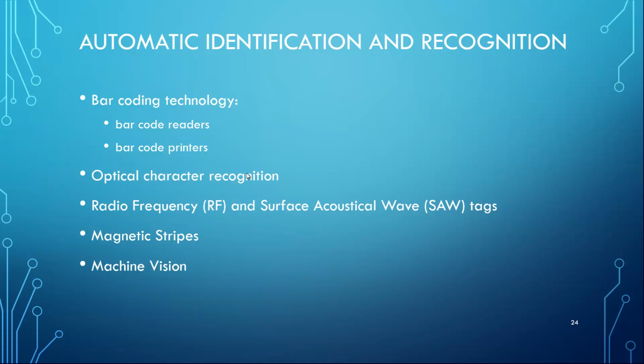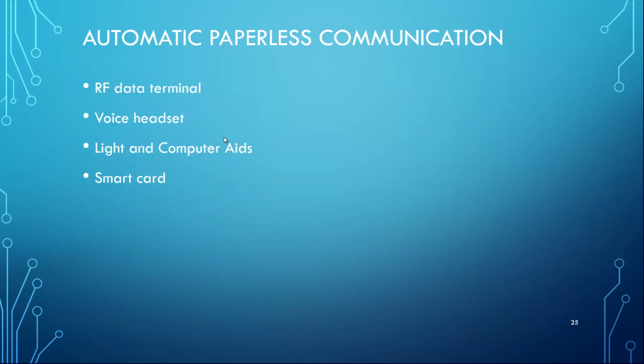We also have magnetic strips and machine vision. Examples of communication equipment are the RFID data terminal, the voice headset, the light and computer aided smart cards.